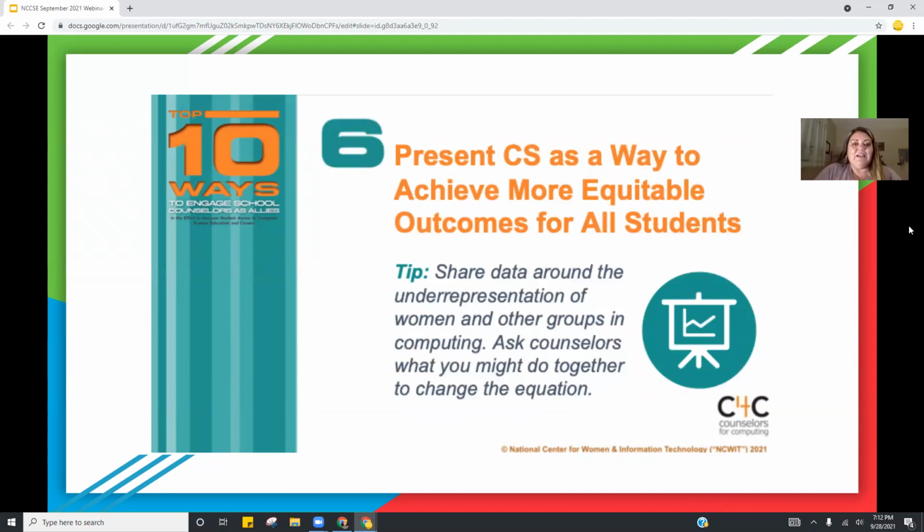All right, so you want to present computer science as a way to achieve equitable outcomes for all students. And I remember developing this one specifically back in 2016, when I first learned all about computer science and what it could do.